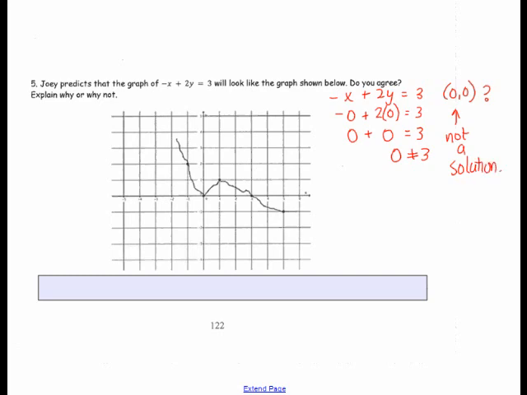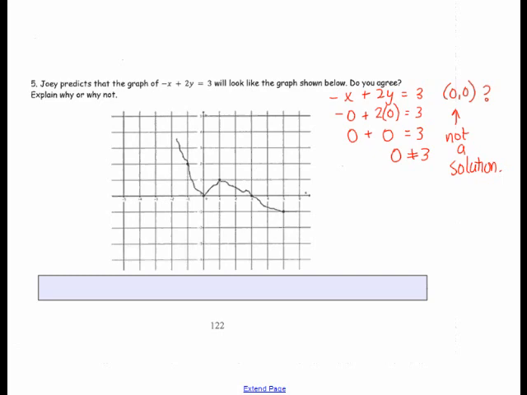If (0, 0) is not a solution, then this graph is not the graph for this equation. We could check other points, but once you know that one of the points is wrong, we know that it is not the graph of the equation. So I don't need to check any more points, even though I could. So let's make sure we've answered the question.